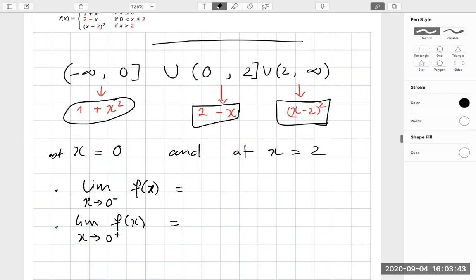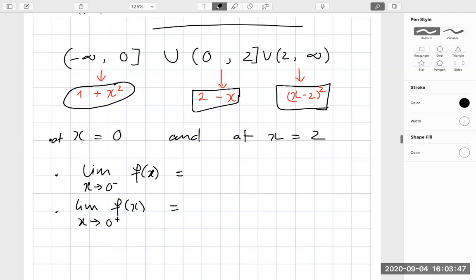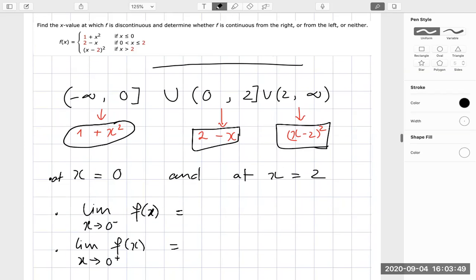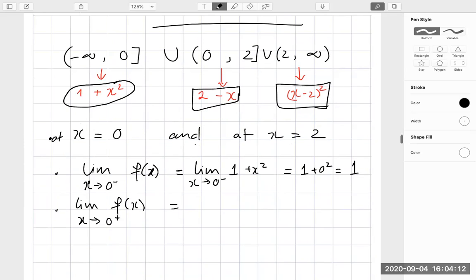The limit of f of x when x approaches 0 from the left should follow the first range. It means we need to compute the limit of 1 plus x squared when x approaches 0 from the left, which is just 1.